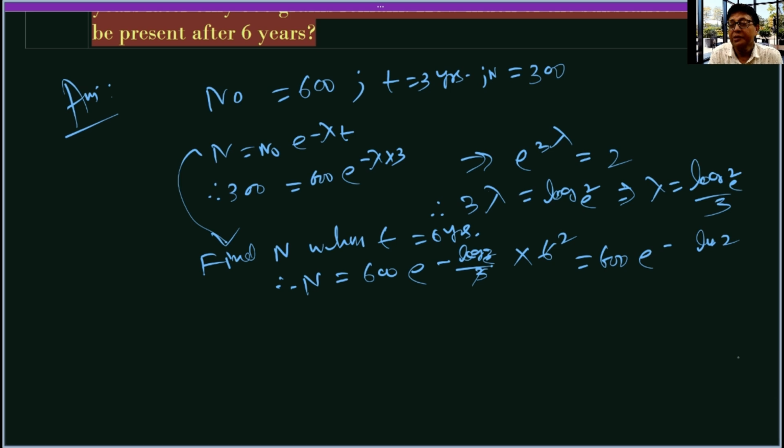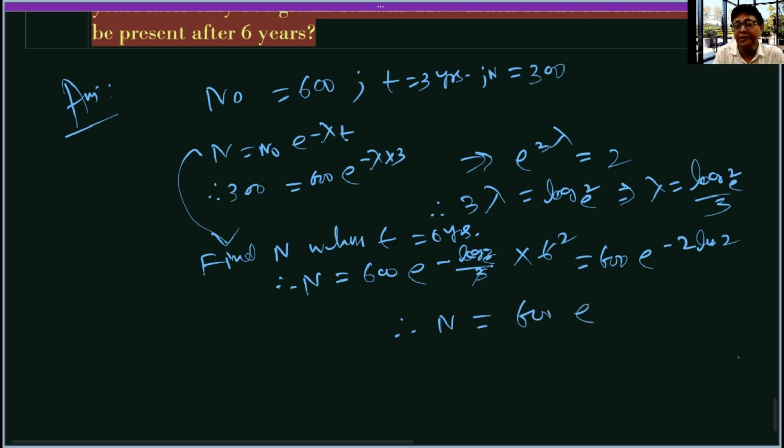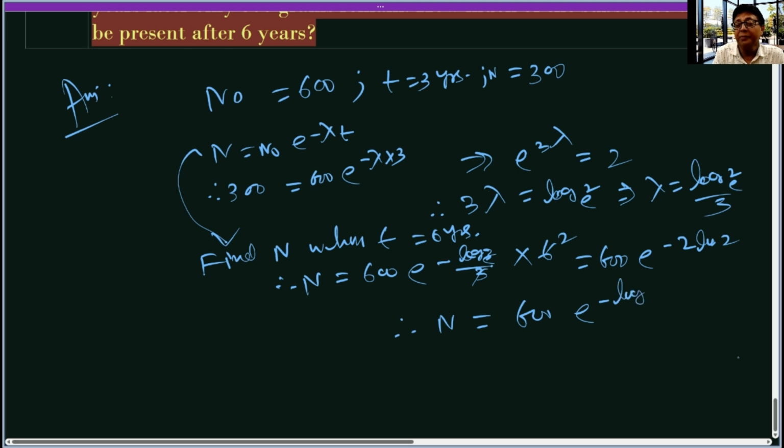That's right, this is 2 log 2. Therefore, after 6 years it will be 600 e to the power minus log 4.